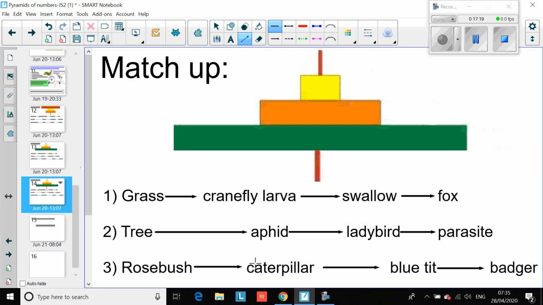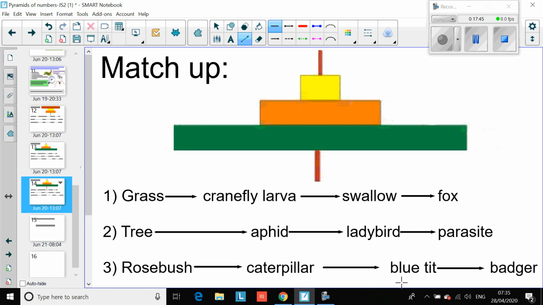There are 4 steps, but there are 5 trophic levels represented. So I was seeing who had the keen eye on this one. All right. The closest one would be number 3, but what I was really interested in was who spotted that there were 5 trophic levels here, but only 4 steps in the food chain.